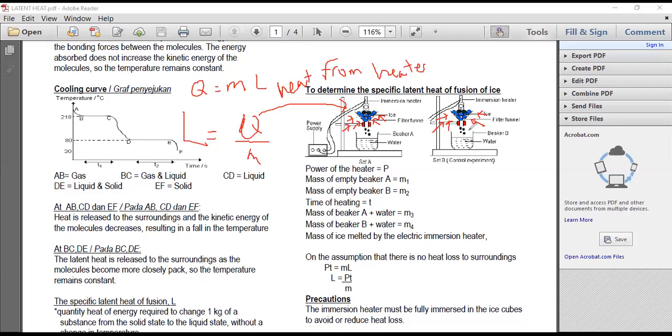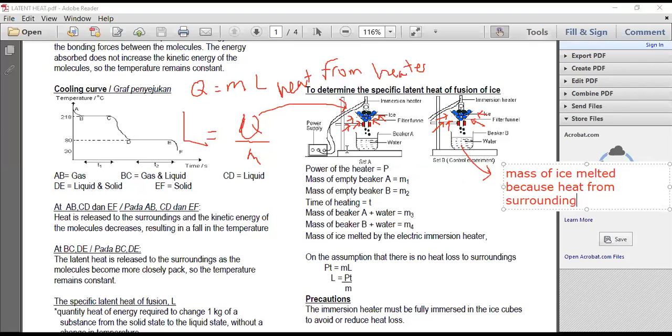This second set will show you the mass of ice melted because of heat from the surrounding. This one will be from the surrounding and also from the heater.